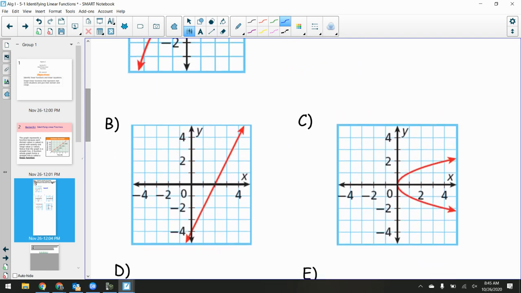Okay, let's take a look at B. Is B a function? Is it a straight line? Yeah, so we can consider that a linear function. Part C. Is that a function? No, it's not even a function.